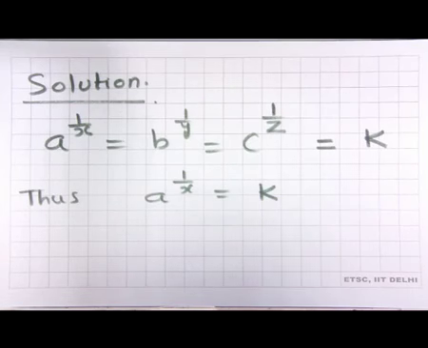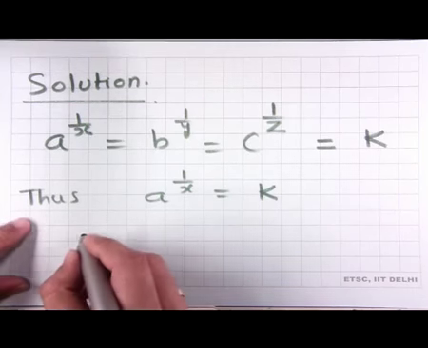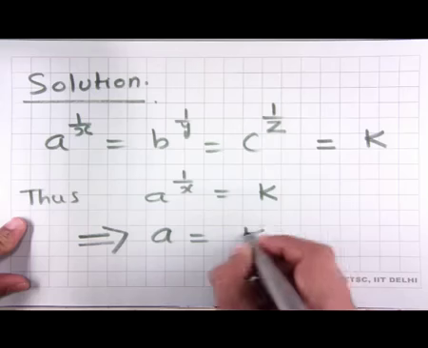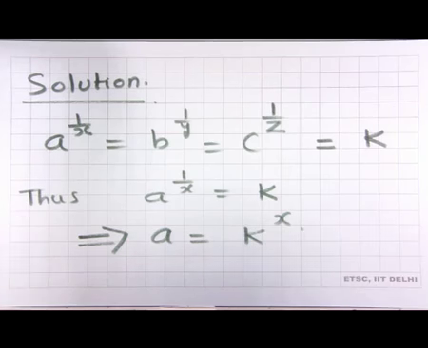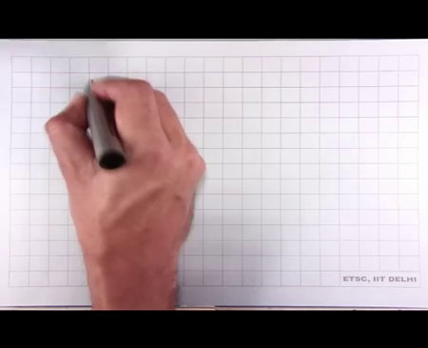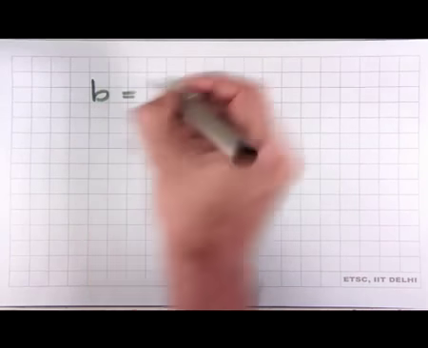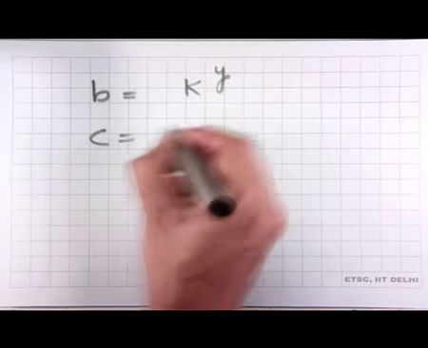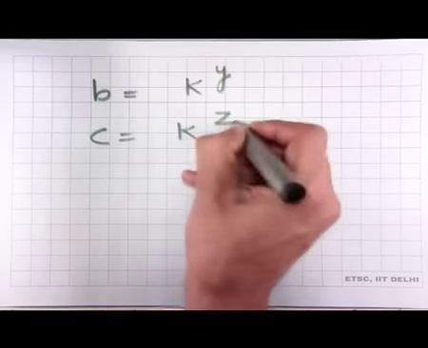Taking x th power on both sides, this would imply a equal to k power x. Similarly, one would get b equal to k power y and c equal to k power z.